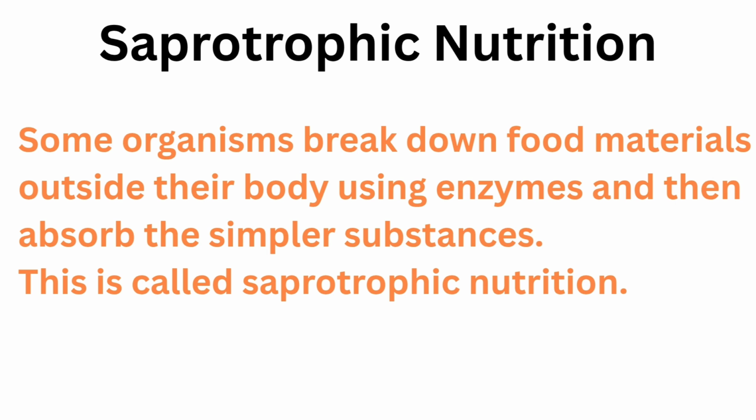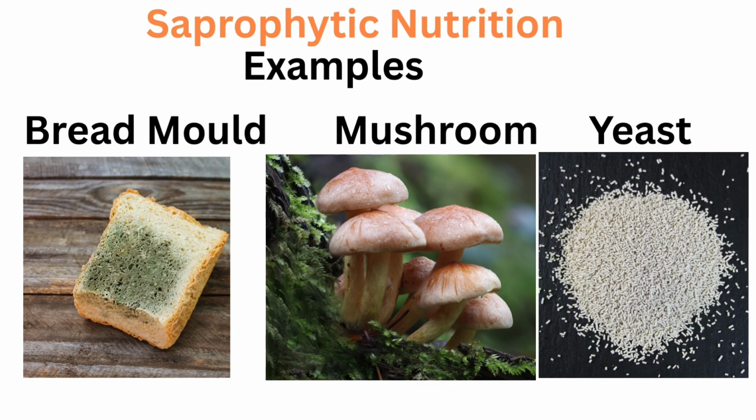Some organisms break down the food materials outside their body using digestive enzymes, and once the food is broken down into simpler substances, they absorb it directly from the surroundings. And this mode of nutrition is called saprophytic nutrition. That is, saprophytic nutrition is the absorption of nutrients from the outside environment after breaking down food materials outside the body.